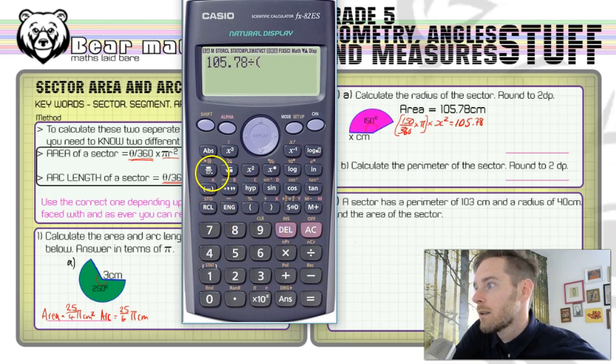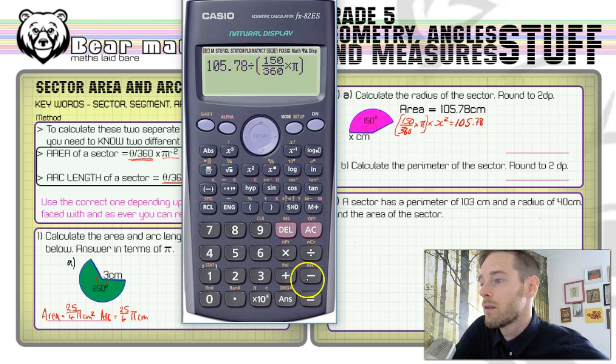Let's put that in brackets. 150 out of 360 multiplied by pi, and then close that bracket, because what the calculator is doing here is doing this calculation for me, and then it's dividing into 105.78, right, and I'm getting 80.80.